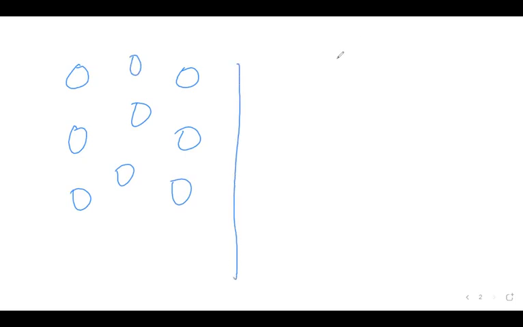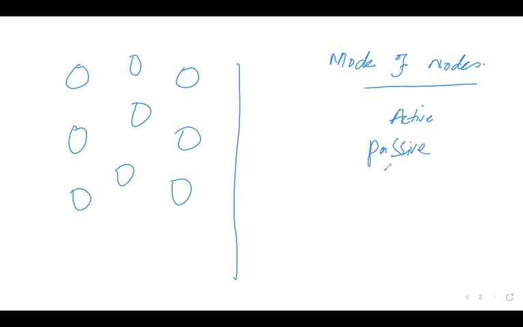For example, if we have a network over here, the modes of these nodes can be active, they can be passive, they can be in sleep mode, and they can be dead.